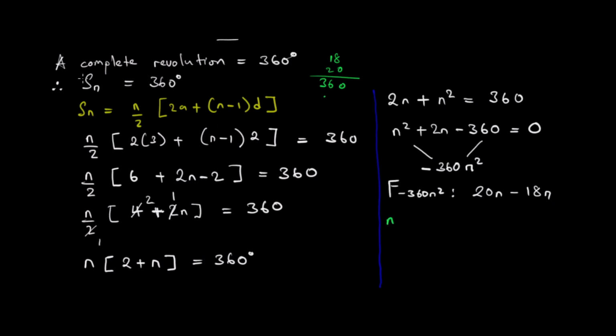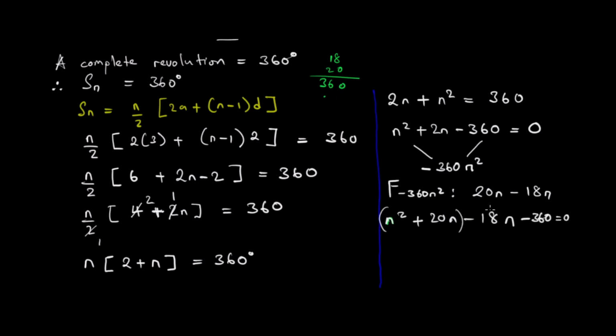So apana tinoti n squared plus 20n minus 18n minus 360 is equal to 0.